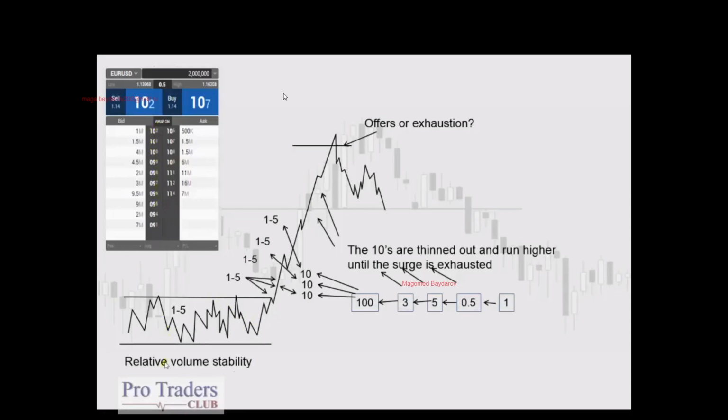lower liquidity state or relative volume stability, a fairly stable environment. And what will happen is the market comes under the influence of a data event, or a significant amount of volume that gets pushed into the market, keeping in mind, if you refer to our previous video, that there is a virtually endless contribution to the FX market.